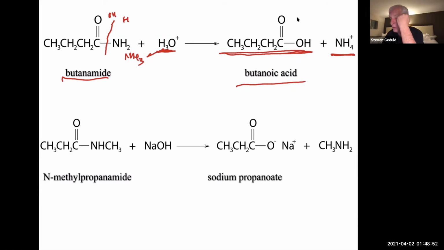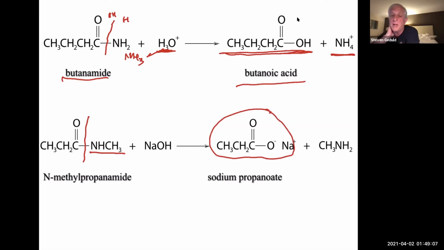Okay. When it's in a strong base, you still break the same bond, and instead of forming the OH, the H now gets protonated. So there's your carboxylic acid and your salt, the middle part of the salt, and then the rest of the amine is going to form, the NH2CH3. Okay.